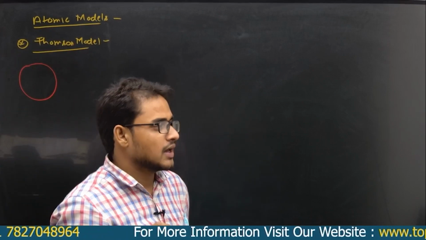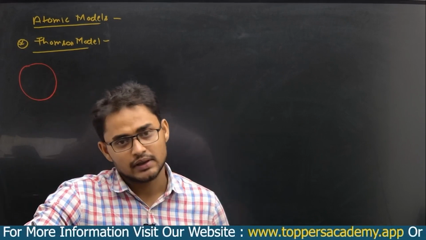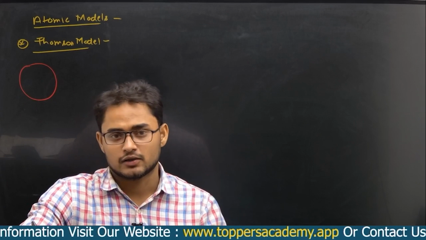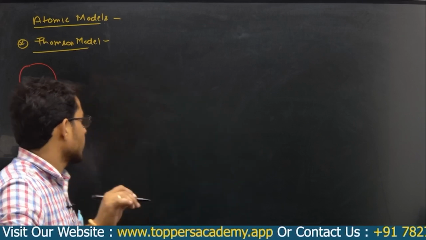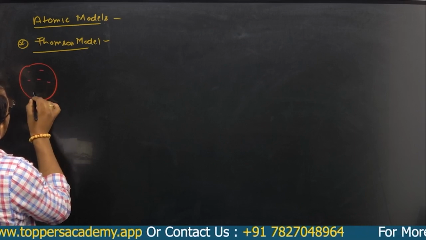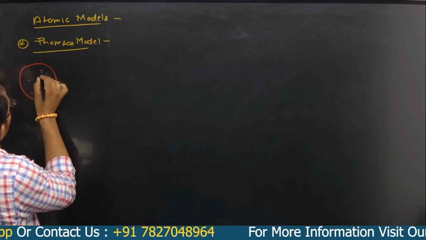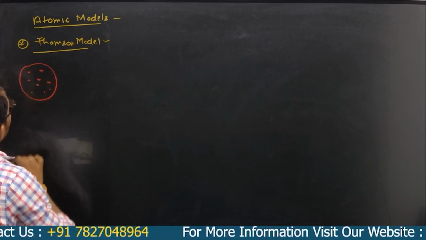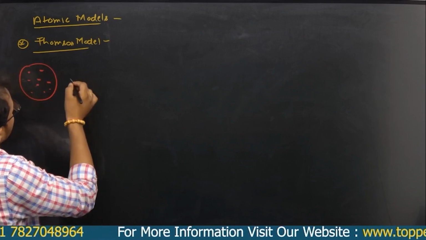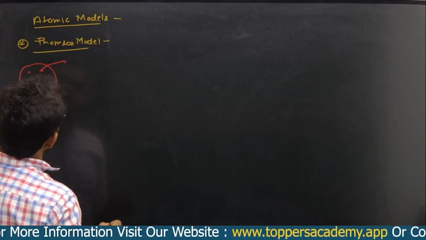He says that as plums are present in a watermelon, similarly in an atom there are electrons present, right. So suppose it is a watermelon and these are the plums which are present.